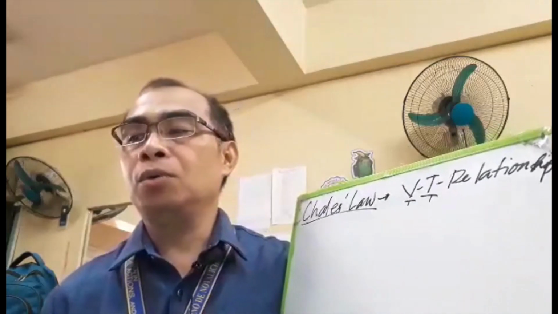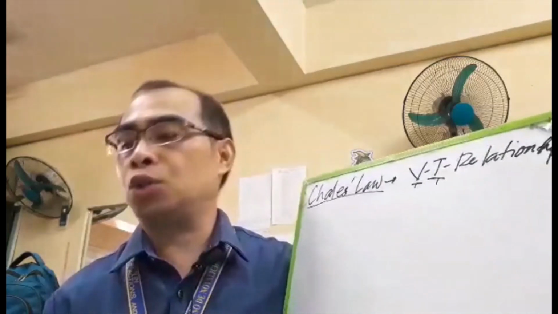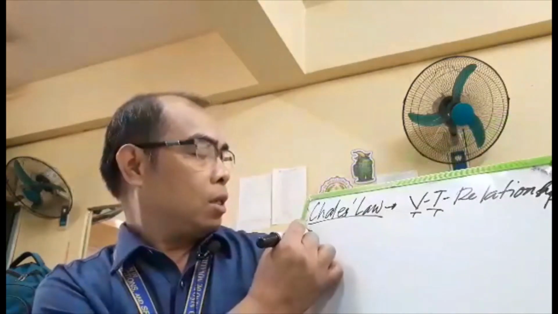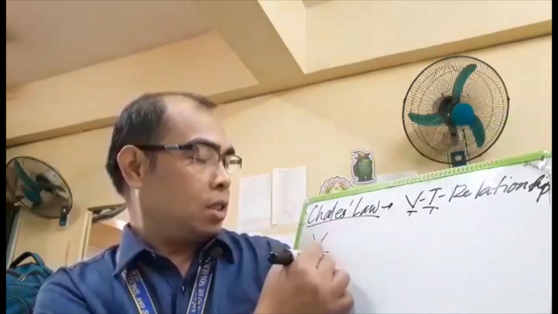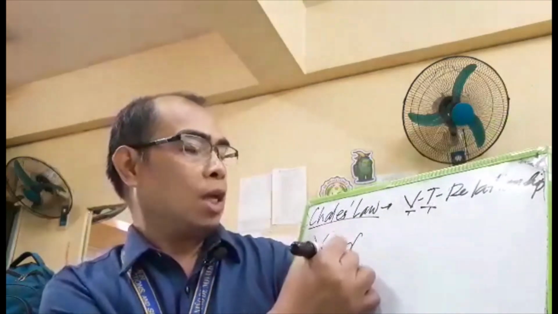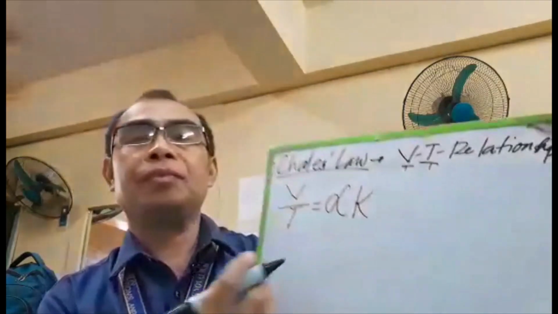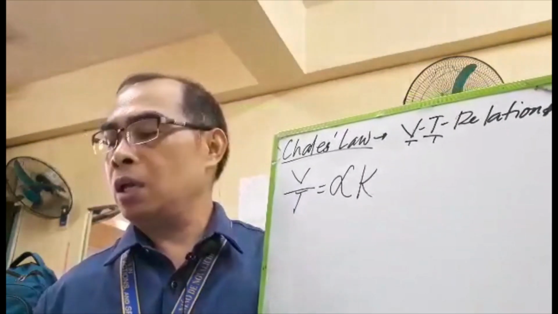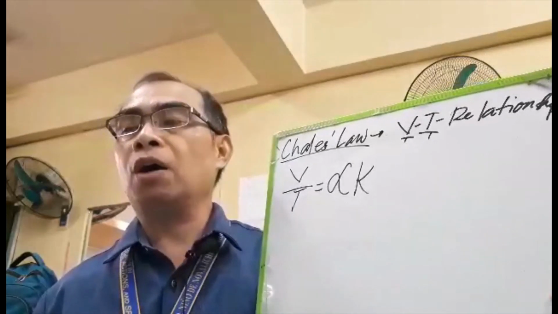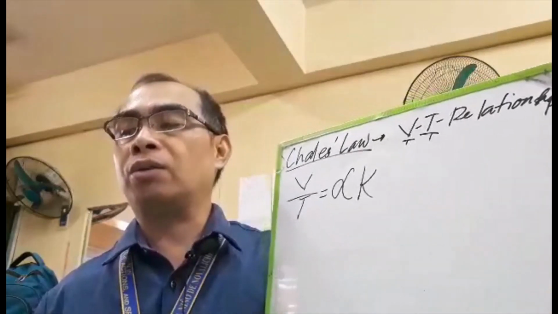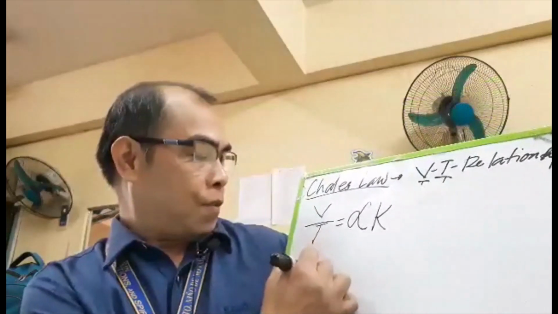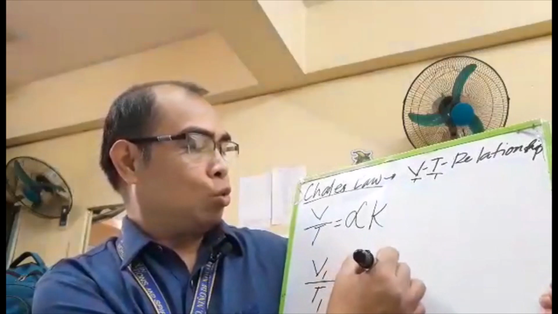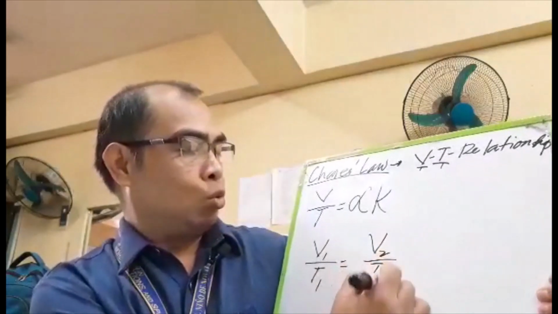Now, based on this, I would like to show you the equation. Always remember that V over T is equal to the proportionality constant K. We can also write this in terms of a mathematical equation as V1 over T1 is equal to V2 over T2.